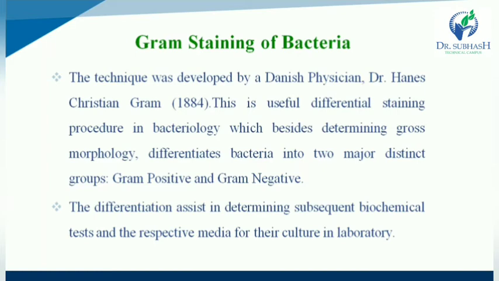So gram staining is part of the differential staining technique. In differential staining, we determine the morphology of bacteria, and it is also useful to differentiate bacteria into two major groups: gram positive bacteria and gram negative bacteria.